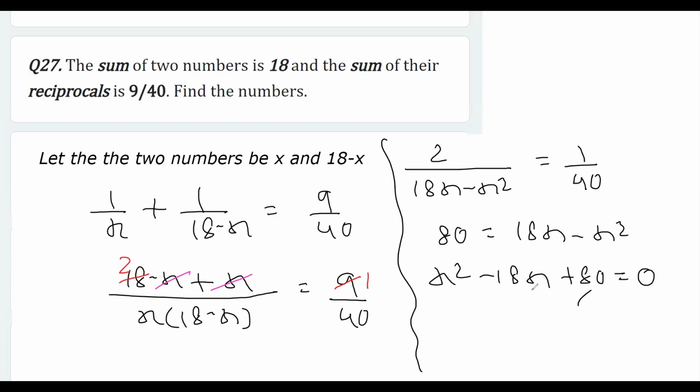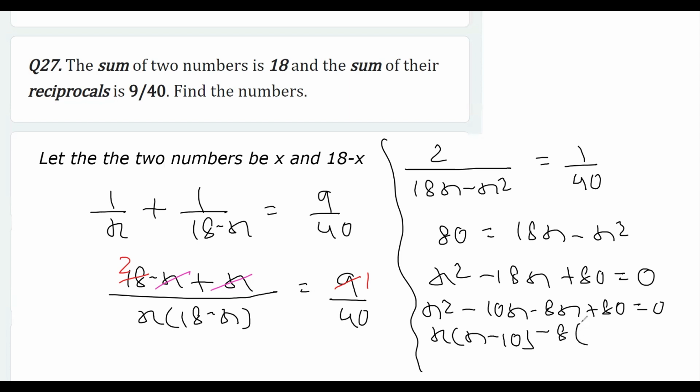Okay, so I'm going to do middle term factorization, where I'm splitting minus 18x as minus 10x minus 8x plus 80 equals 0. If I take x common from the first two terms, I'm getting x minus 10. And if I take minus 8 common, the sign will get reversed, so dividing this by minus 8 gives x minus 10 equals 0.